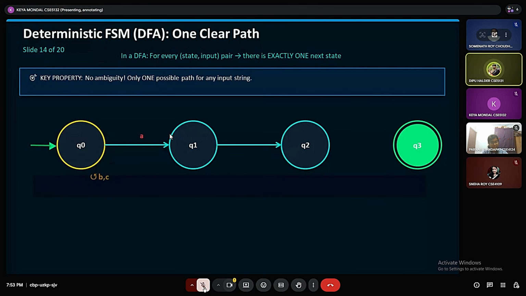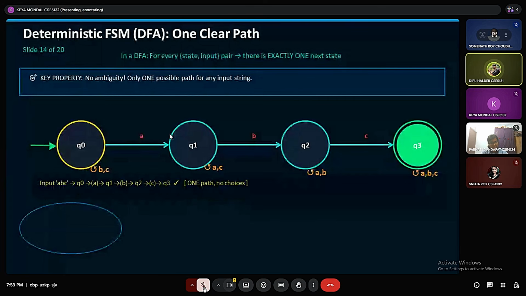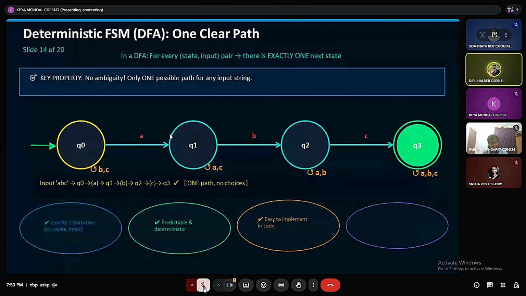Look at the diagram: the input ABC takes us from Q0 to Q1 to Q2 to Q3, and there is one path and only one path. This makes DFAs very predictable and easy to implement in code. You can use a simple variable to track the current state and a switch case to handle transitions. DFAs are widely used in compilers and lexical analyzers, the part of a compiler that reads the code and identifies keywords, variables, and operators.